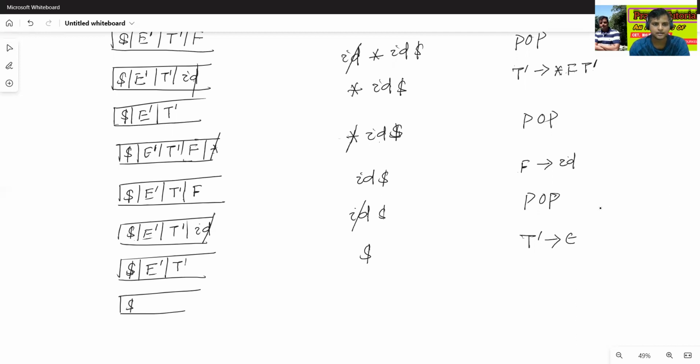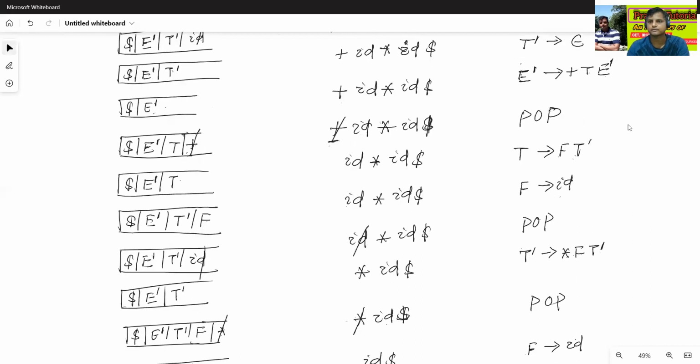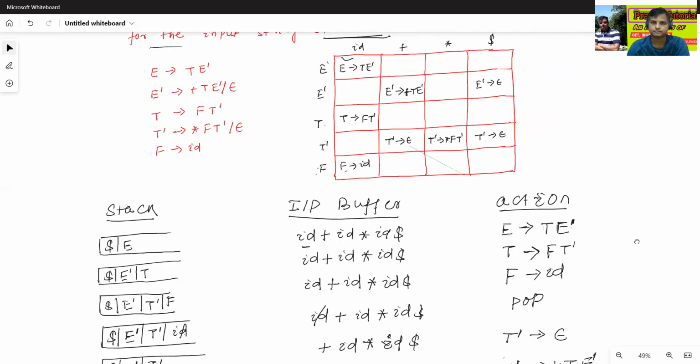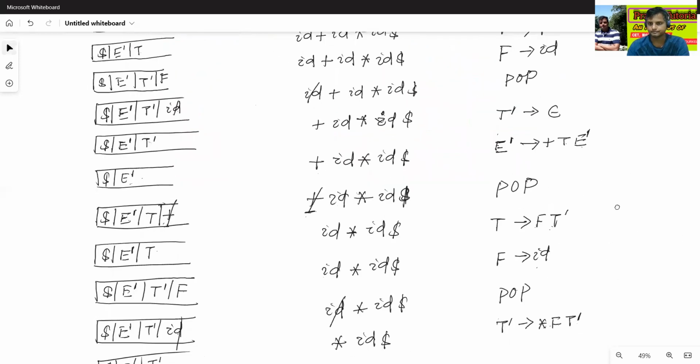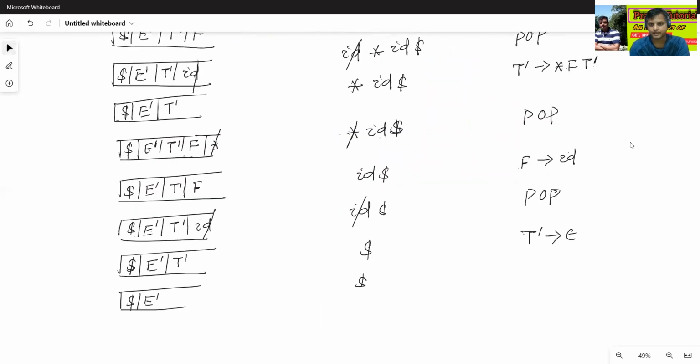So the stack is dollar, E prime, and the input is dollar. So E prime on dollar: just check the table. E prime on dollar is E prime to epsilon. Now we'll push epsilon in place of E prime.